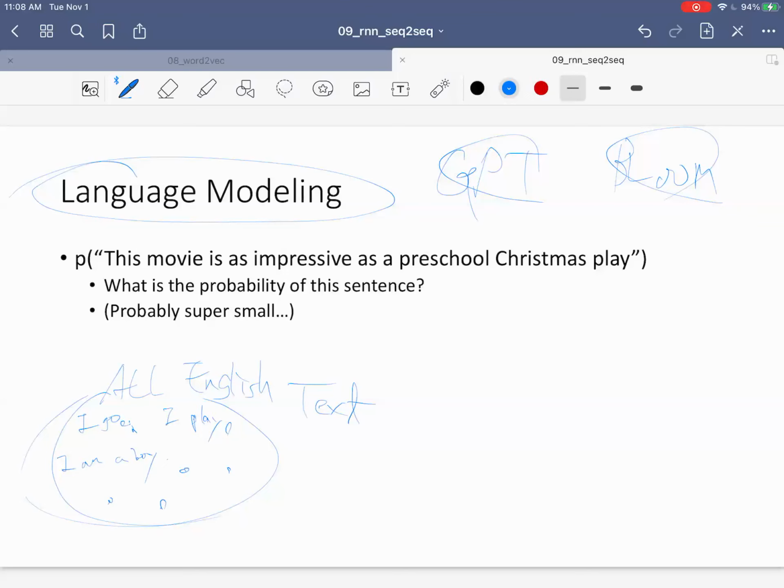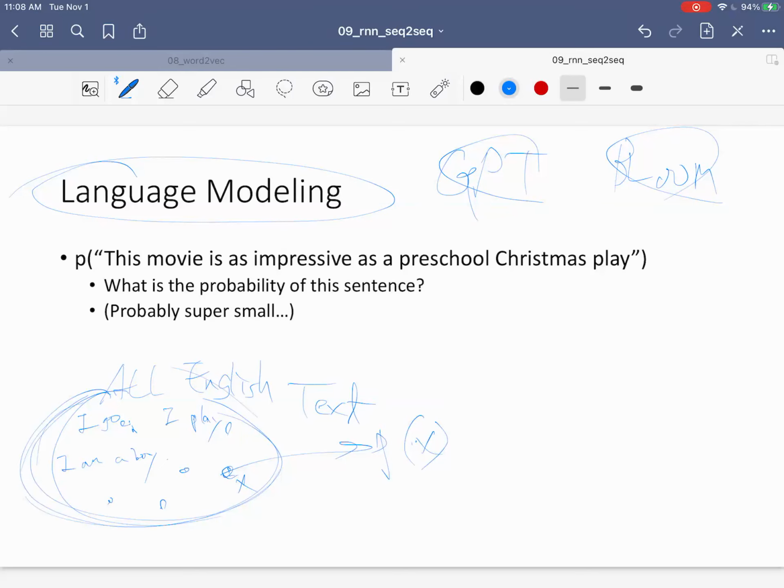And what language modeling wants to do is quantify, to calculate how likely a given sentence or given text is among all English sentences. If you just choose one element out of this set and ask what is the probability of this sentence X out of all the English, it would be infinitesimally small, because your set is as good as infinite.